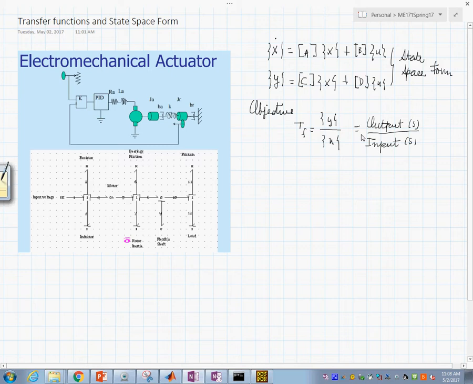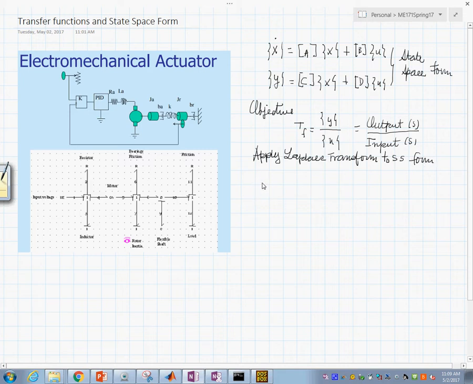So what I would like to do is apply the Laplace transform to the state space form. So what do we have?